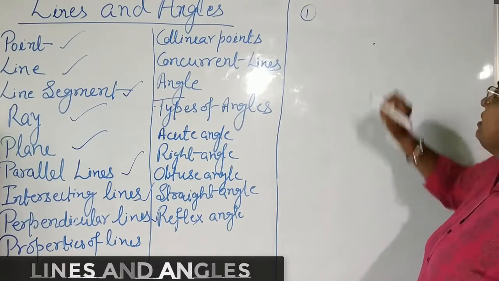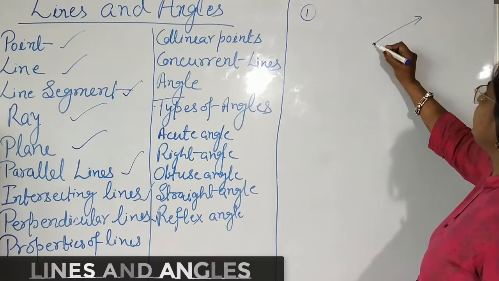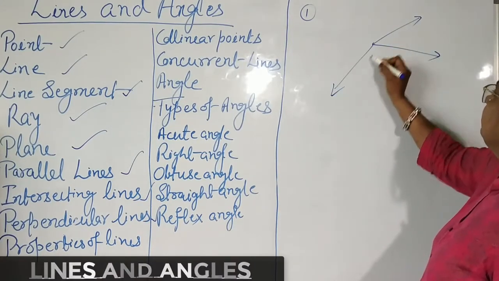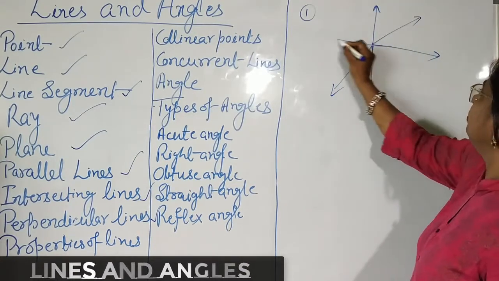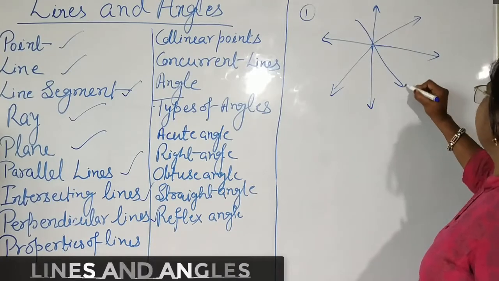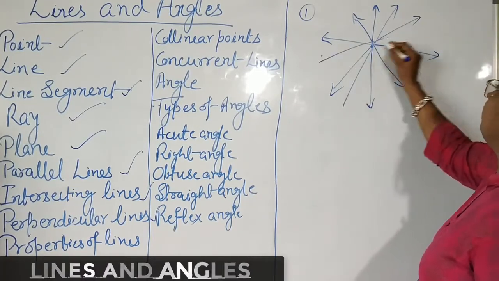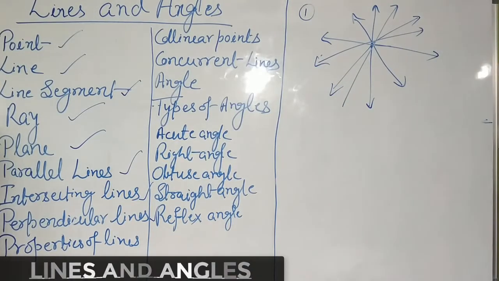If a point is given, then an infinite number of lines can be drawn from this point. Infinite number of straight lines can be drawn through a point.